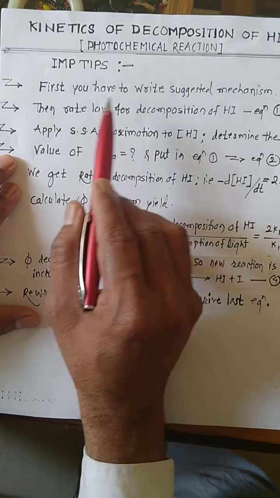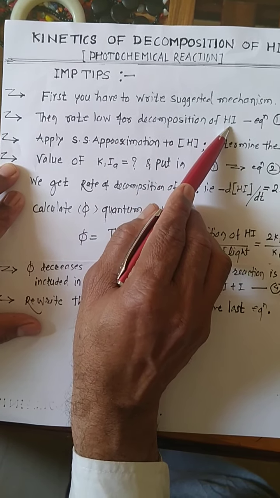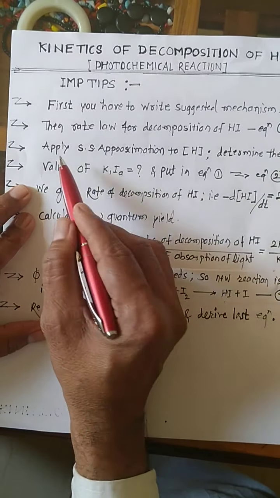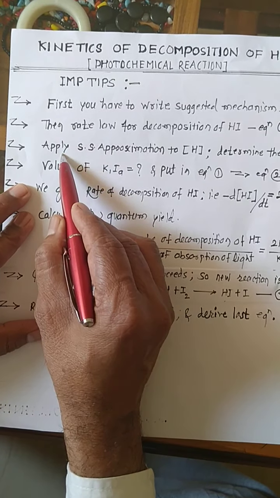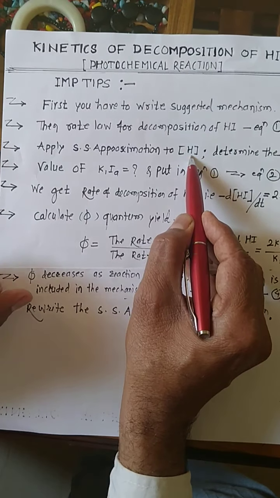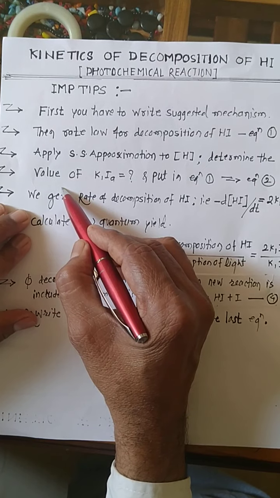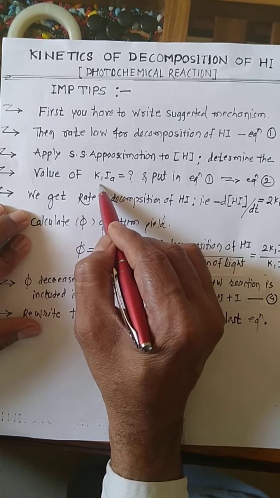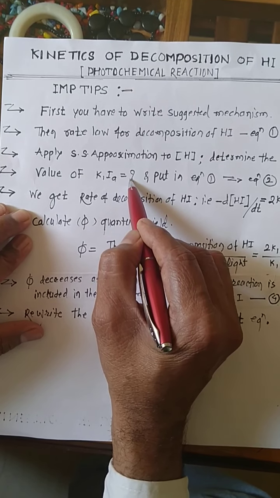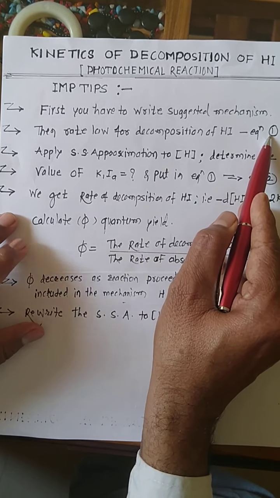Then from the mechanism you have to write a rate law for the decomposition of HI and label it as equation 1. Then third point, applying steady state approximation to the concentration of H and determine the value of K1 IA, that means intensity absorbed, and this value you have to substitute in equation 1, labeled as equation 2.